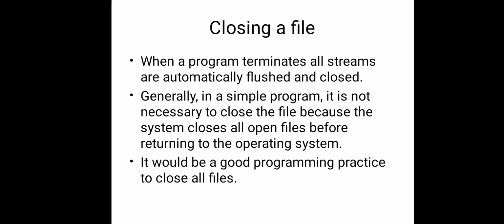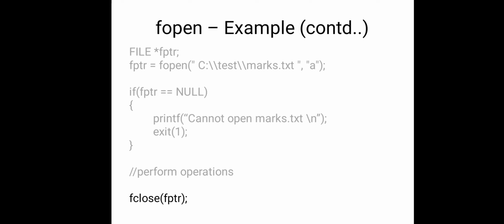When a program terminates, all streams are automatically flushed and closed. So even if we do not close the file, it will automatically get closed. But as a good programming practice, we have to properly close all the files that we have opened for operations. Okay, so this is the code which we are appending to the previous example. The things marked in gray color we have already discussed.